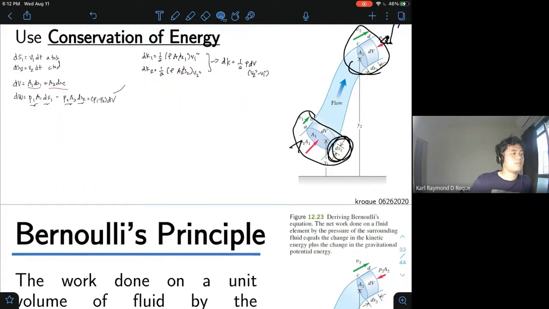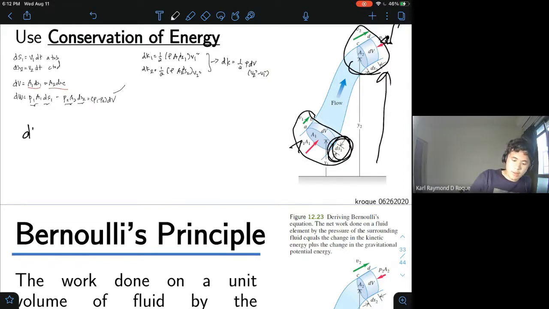What's next? There is also a change in potential energy. The change in potential energy is mgh, since the fluid goes up from one height to another.